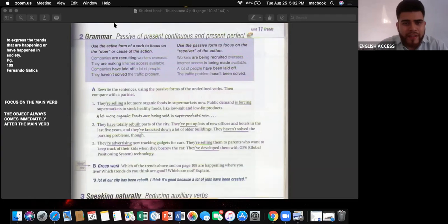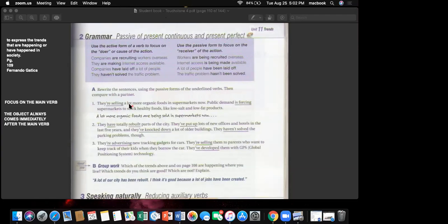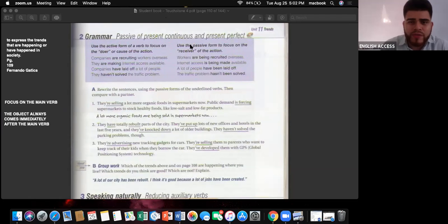In number 1, Yasmin, selling, is this perfect or continuous? Continuous. So we're going to use the structure over here: the verb to be, being, and the past participle. The same thing with is forcing. Now, for this activity, I think it would be better if you get a piece of paper or a notebook. So please go ahead and get one.